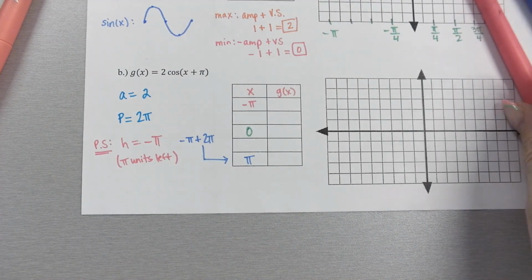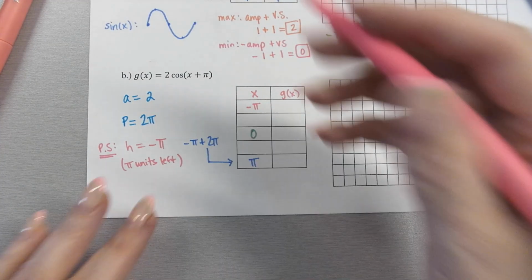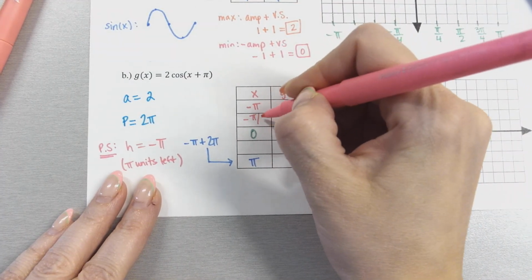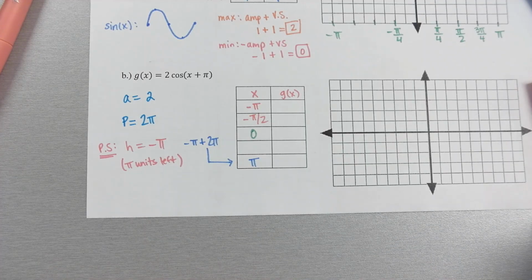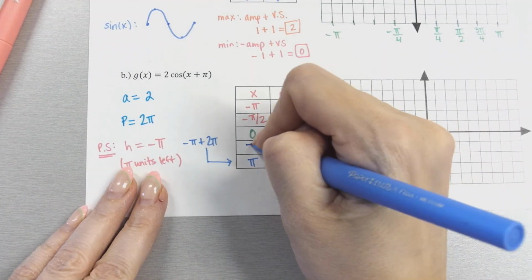All right, and then halfway between negative pi and 0 would be negative pi over 2. Halfway between 0 and pi, pi over 2.